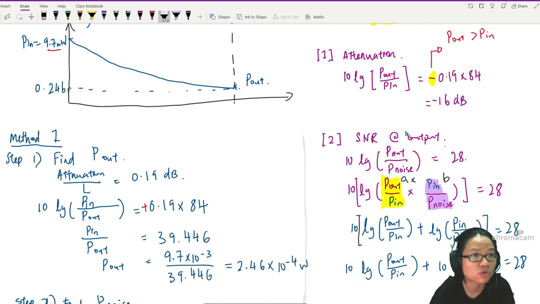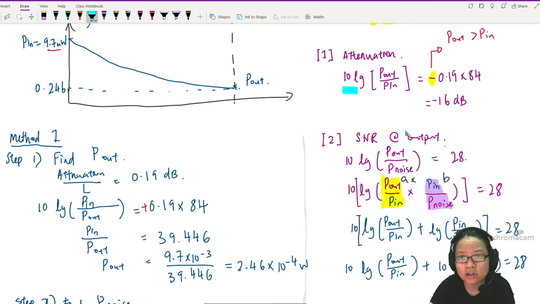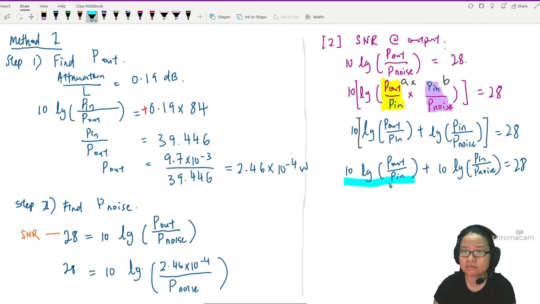Not sure if you noticed, but this 10 log P out over P in is here. We have this. It is negative 16. This whole thing is your attenuation, which is the second reason why they are doing this.